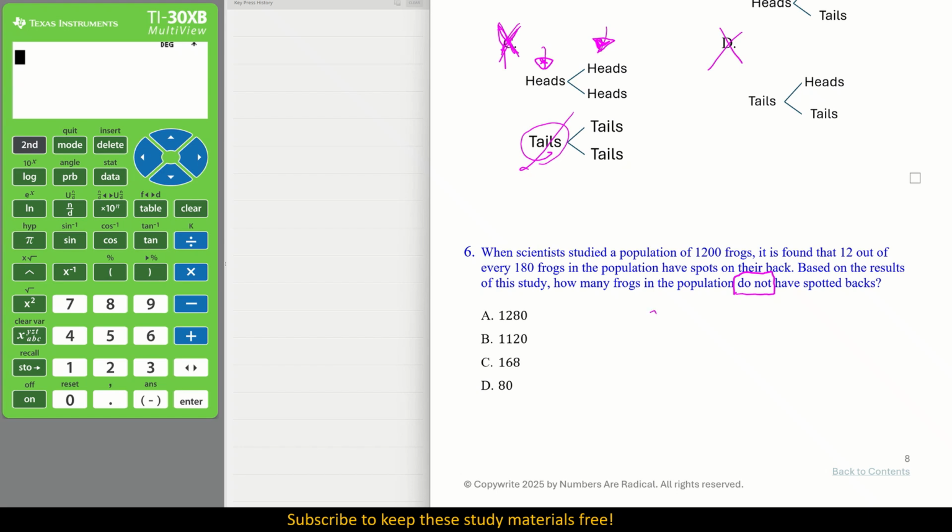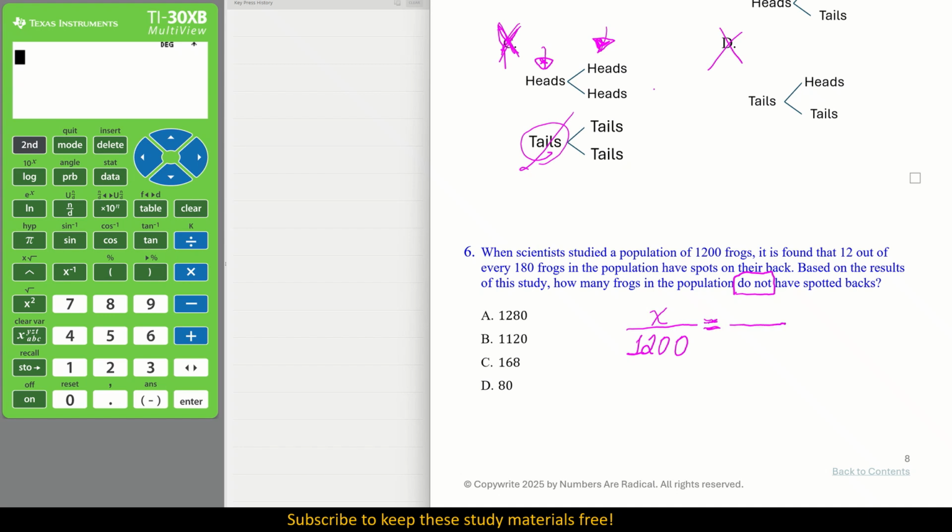First, we're looking for an X amount of frogs out of a total population, our sample, which is 1,200 frogs. Somebody has been able to keep a record of how many frogs we have. Well, that being said, now we have another proportion.